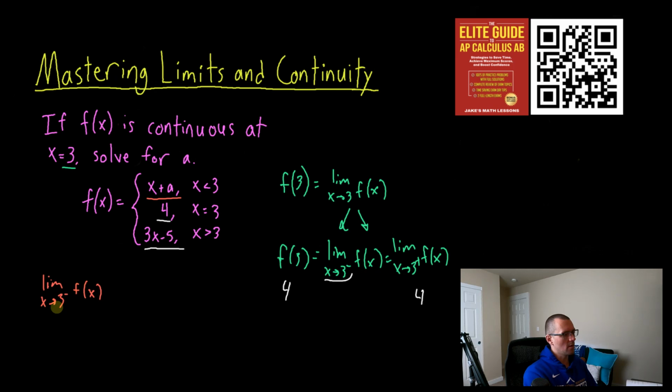Then we can use the trick we've gone over in the last few videos: instead of the limit as x approaches 3 from the left, let's say the limit as h goes to 0 from the right of f of 3 minus h, which gives us the limit as h goes to 0 from the right of 3 minus h plus a.